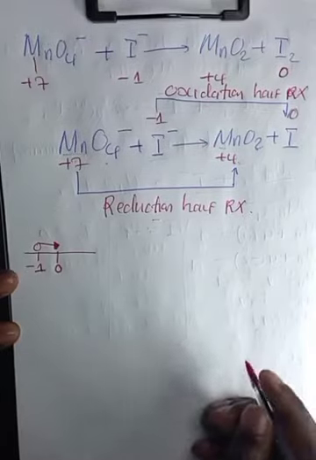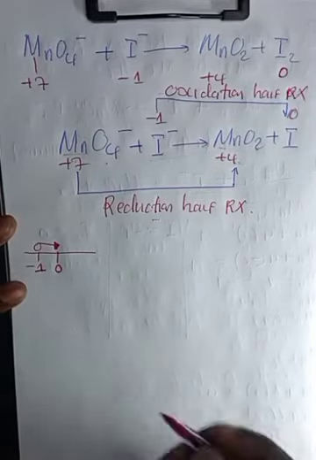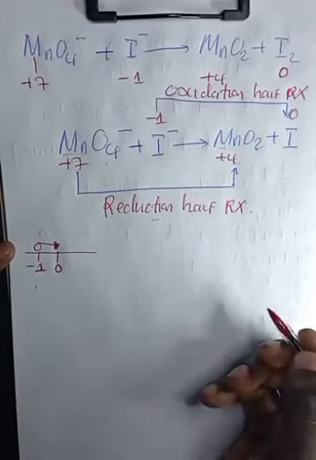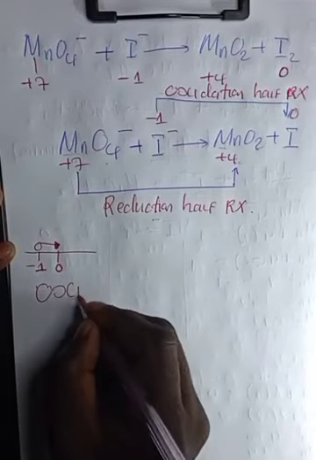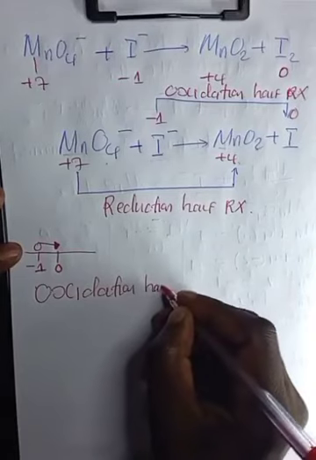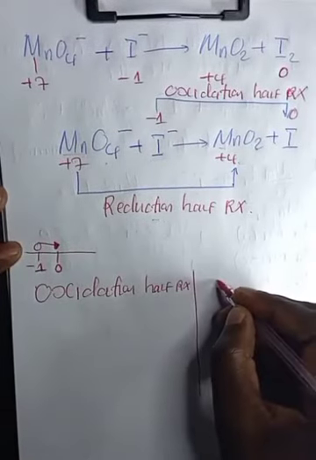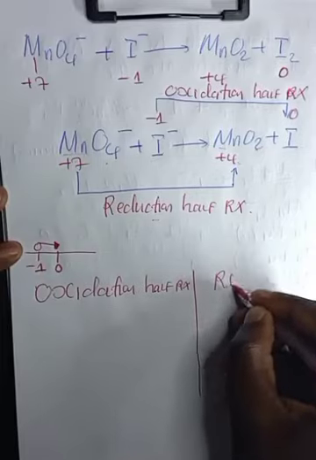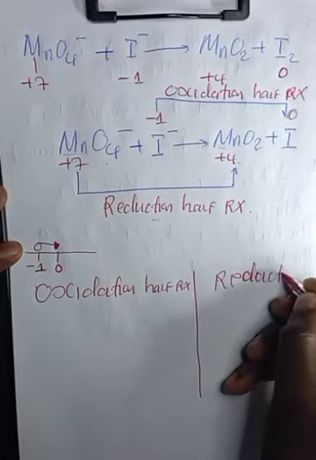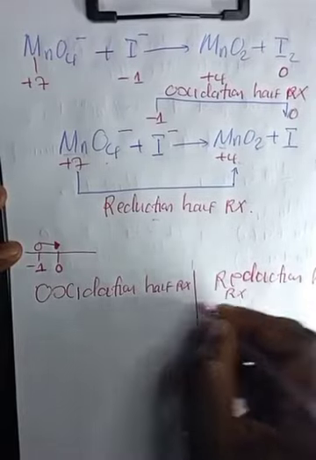So after this, we need to split the two reactions. So we need to split them. We say that this side we are going to have our oxidation reaction, and this side I've got my reduction reaction.